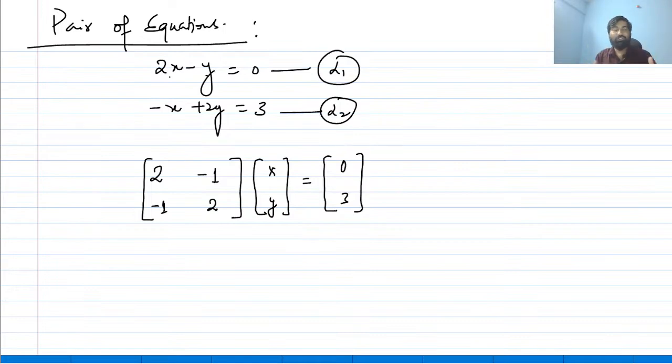The moment you get a pair of equations, or 3, 4, 10, n number of equations, you should be able to write them in this format, and this is known as A. We call this X, and the right hand side is B.